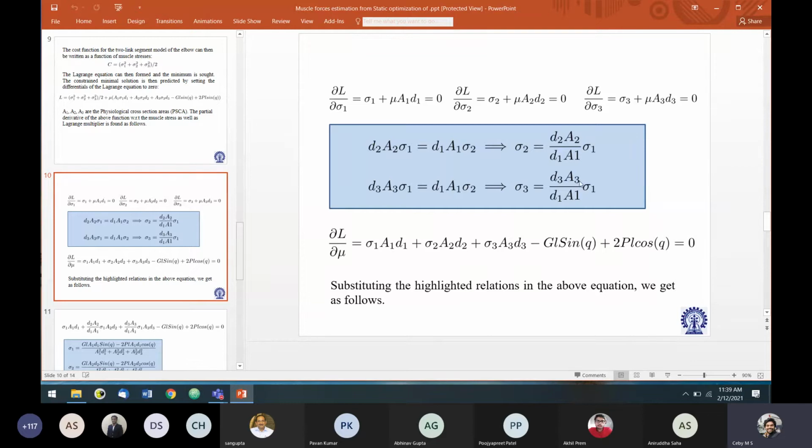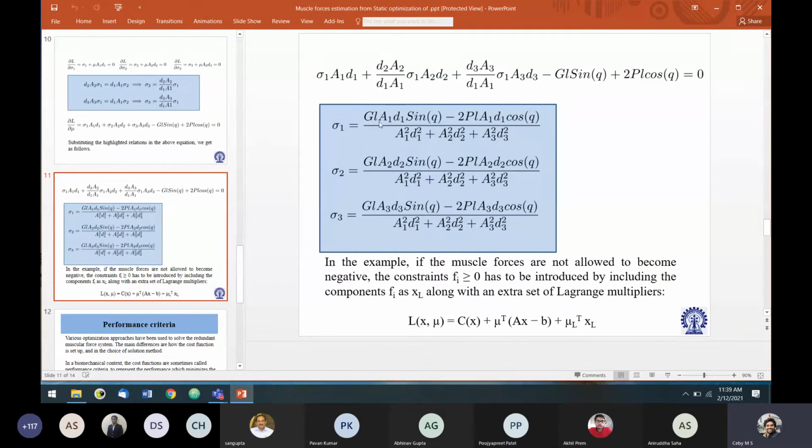Next we differentiate this function with respect to the Lagrange multiplier, and we get sigma 1 a1 d1 plus sigma 2 a2 d2 plus sigma 3 a3 d3 minus this moment equal to 0. Next we substitute sigma 2 and sigma 3 here, and we get a solution for sigma 1.